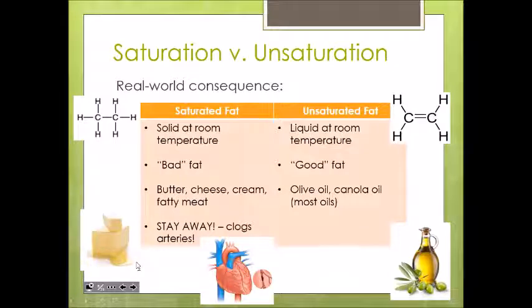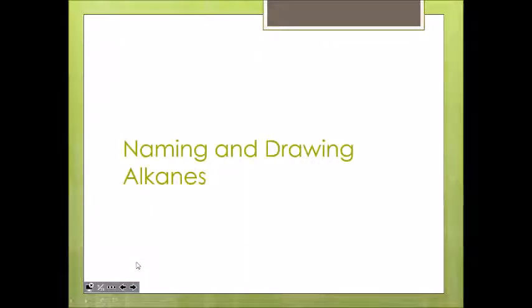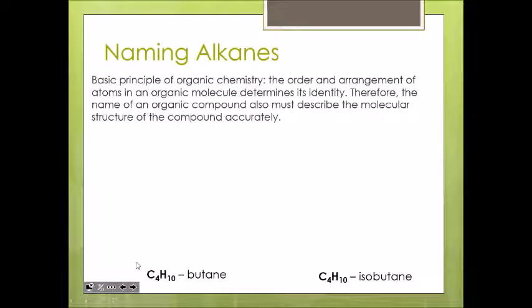Okay? All right, let's talk some naming here. Naming and drawing alkanes, and we're probably only going to get to a certain point, and then we're going to have to finish this next class. So try to stay with me. It's going to get a little confusing. All right, naming alkanes. There's a couple things we have to look at.